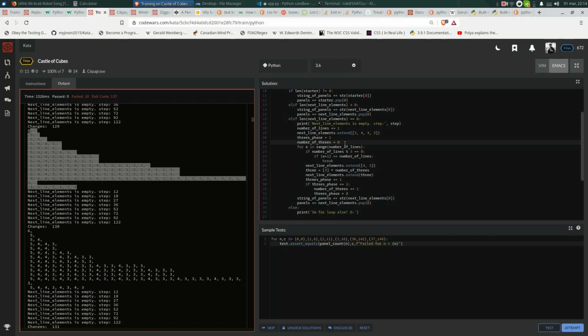For x in range, and say, so what's the problem?